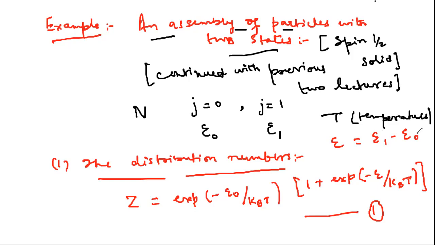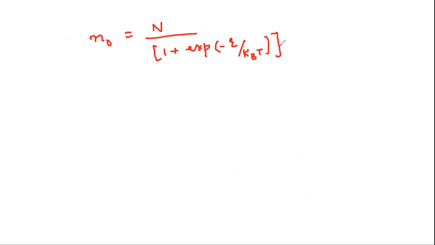Then we found the expression for the distribution number N0 as N over 1 plus exponential of minus epsilon by kBT, which can also be written as N over Z thermal.